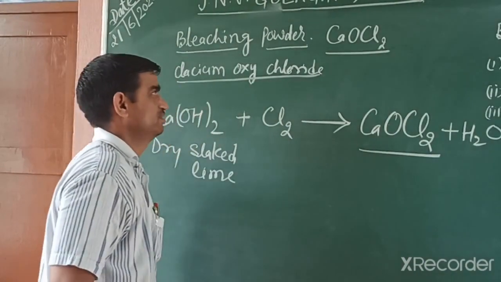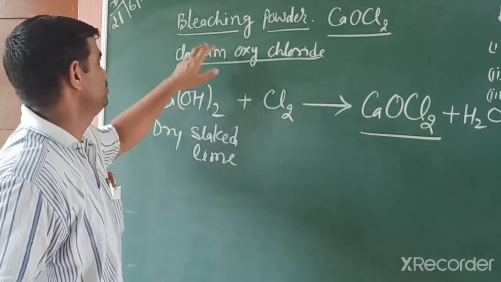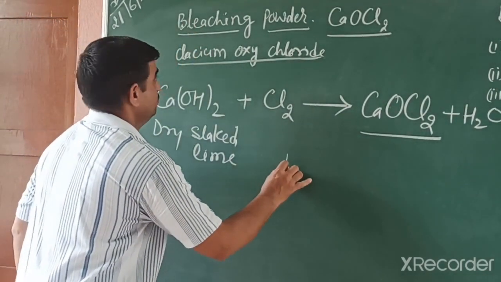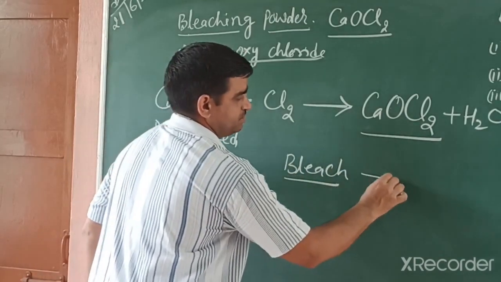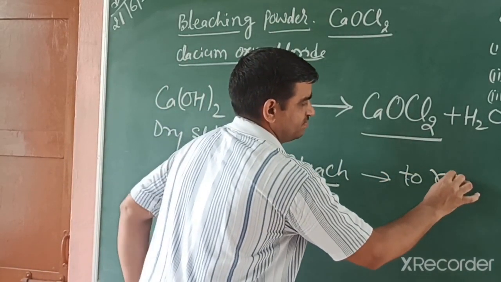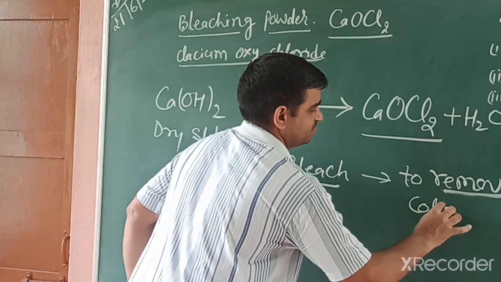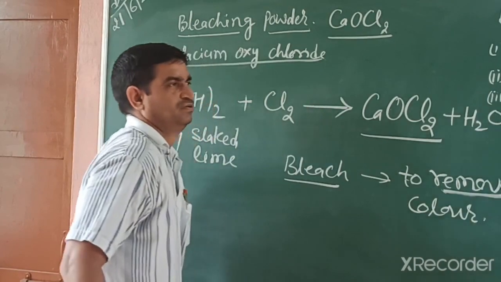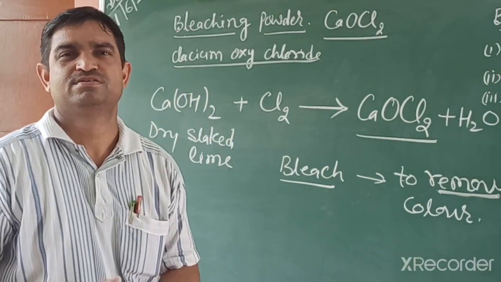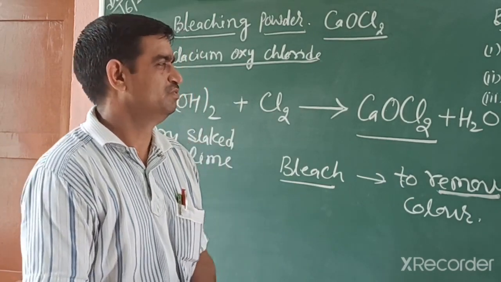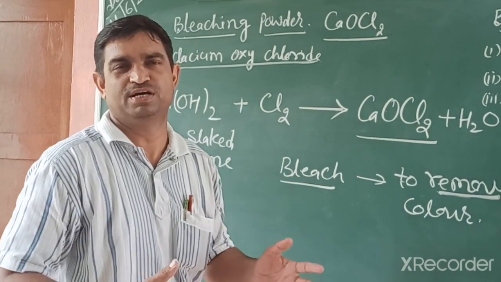This is bleaching powder. Why is its name bleaching powder? Because it removes color. Bleach means to remove color. You see many times in TV ads, detergent makes clothes white, because this chemical is used for removing the yellowish color of our clothes.